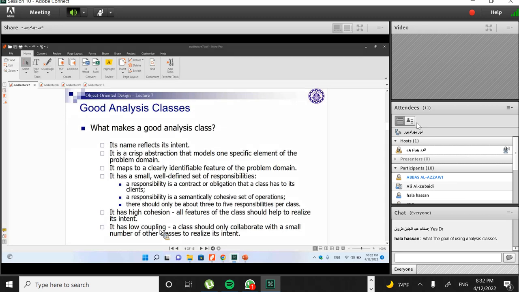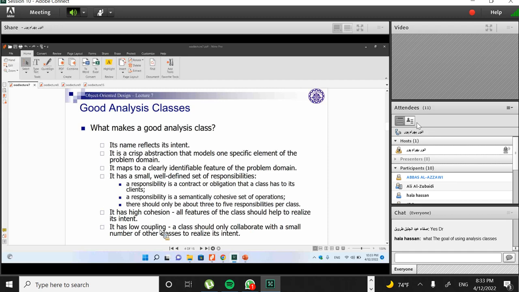Internal elements of each class should be strongly dependent on each other to make a high cohesion class. But at the same time, we should have low coupling because we want our class to be independent from others.